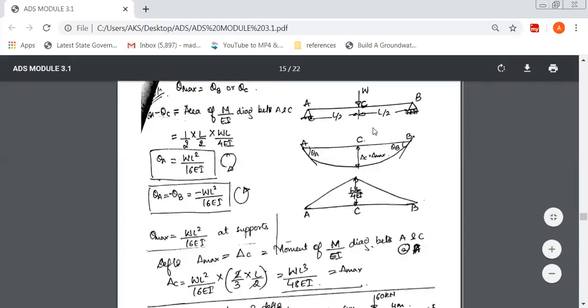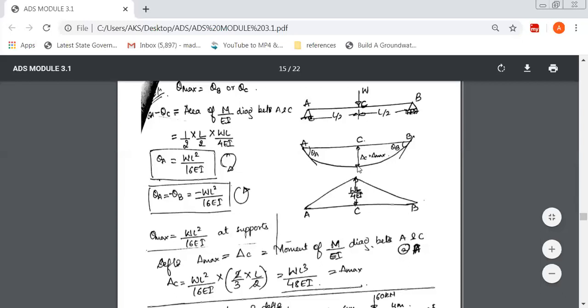Now you can see here theta C, delta C. If I draw a tangent here, a line like this, that will give me theta C. But theta C is 0 because there is no rotation happening here, because the deflected shape of the beam coincides with the tangent. That's why theta C is 0.